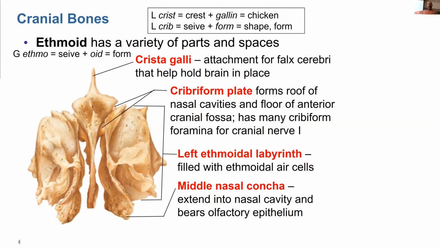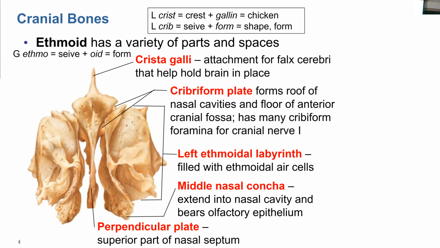So, ethmoid bone there. I see I've got one more feature here. Coming down the middle, you've got your perpendicular plate. This forms the superior part of your nasal septum. And your nasal septum is the division between your left and your right nostrils. There are 3 structures that make up the nasal septum.